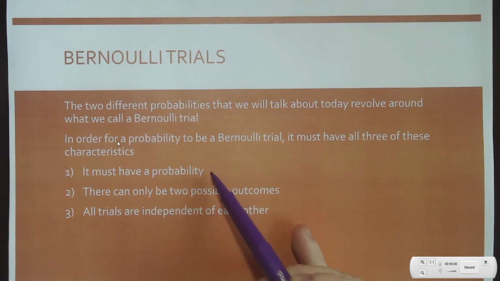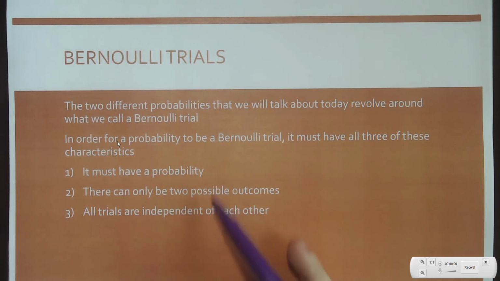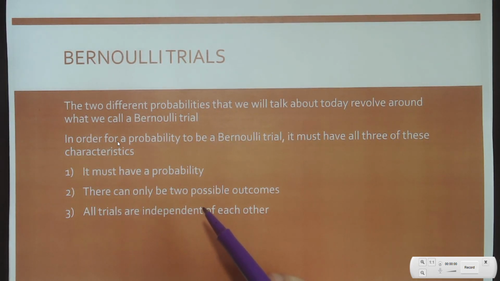This one's pretty obvious. It has to have some kind of probability, so it has to have a percentage of actually being able to do something. There can only be two possible outcomes. So essentially, you can either do that thing or you don't do that thing. There's no other possibilities, which kind of locks into an either-or situation.